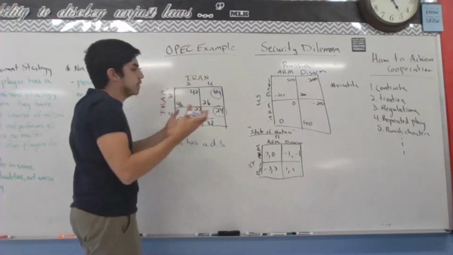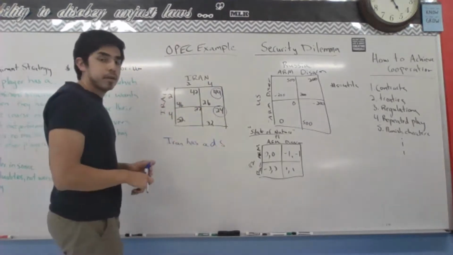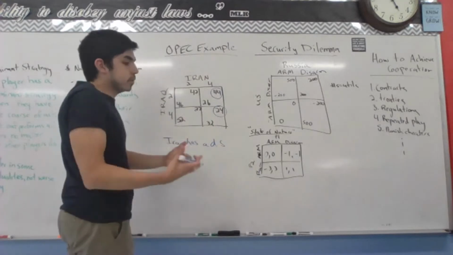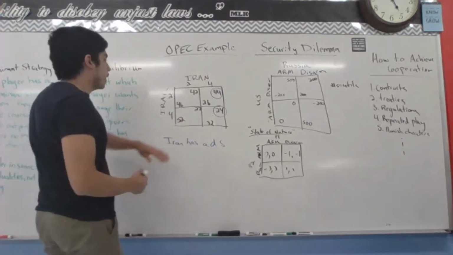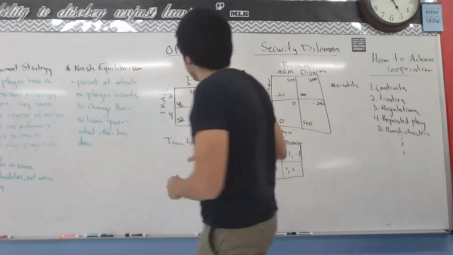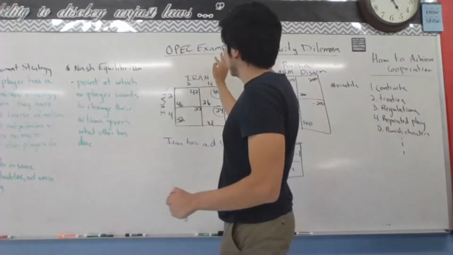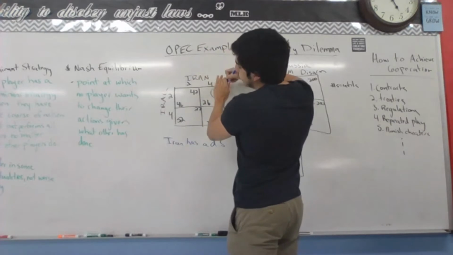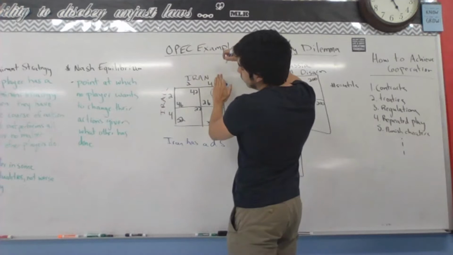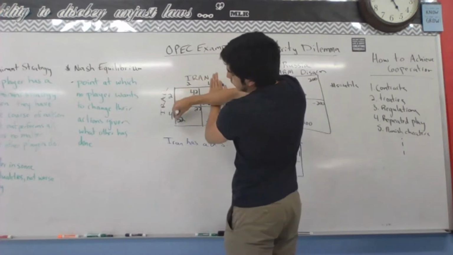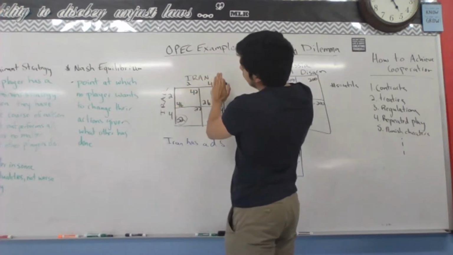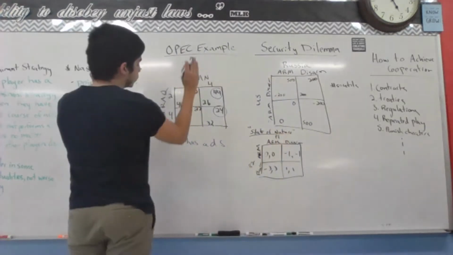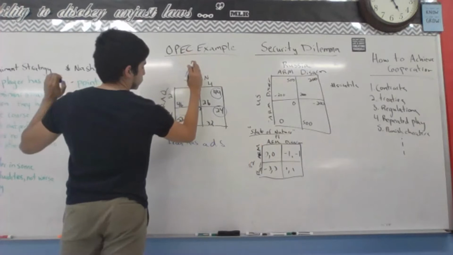And I suppose if there's one recommendation in game theory, it is to play your dominant strategy. So Iran will likely play their dominant strategy. And for Iraq, if we cover the column player's options and assume Iran plays 4, what is going to be the biggest payoff for Iraq? Well, it's going to produce 4 million barrels.